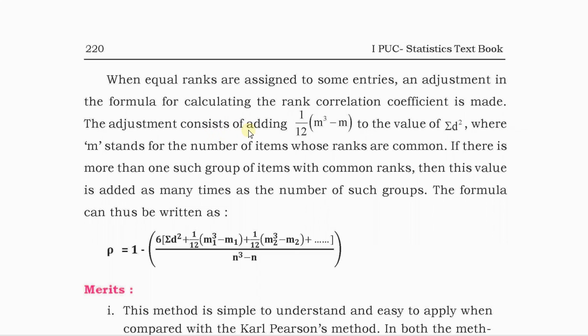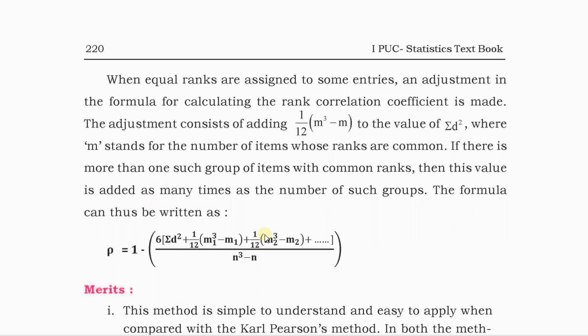The adjustment consists of 1 by 12 into m cube minus m, added to the value of summation of d square, where m stands for the number of items whose ranks are common. So if there is more than one such group of items, then this value may be added as many times as the number of such groups.